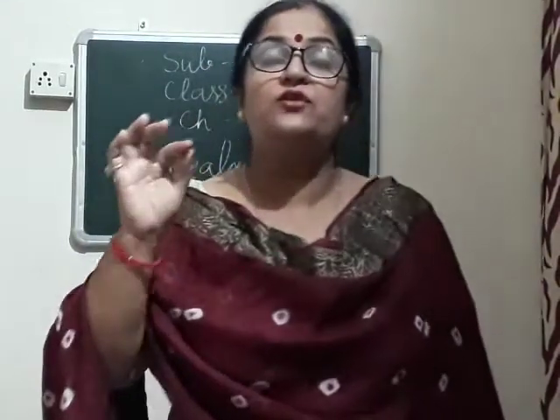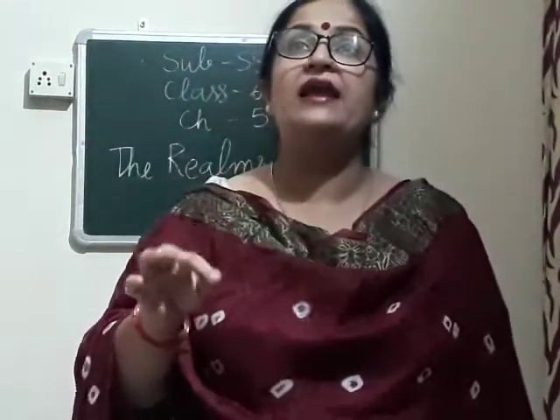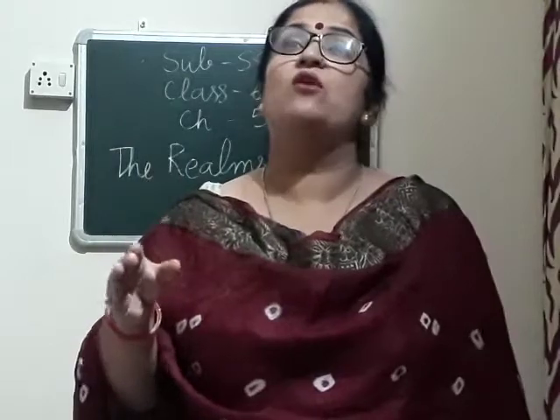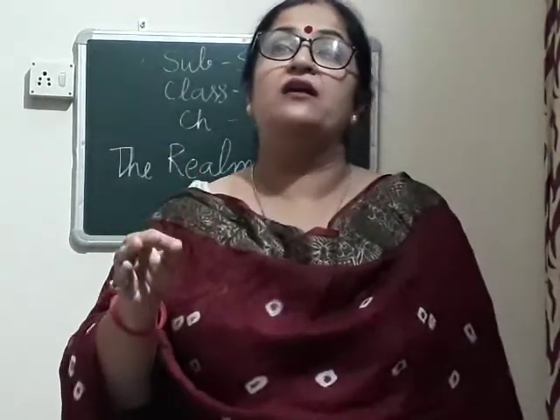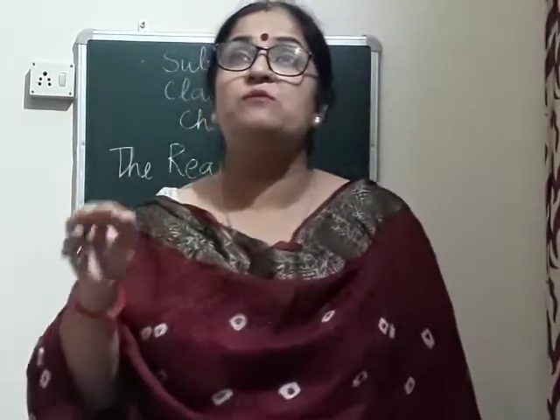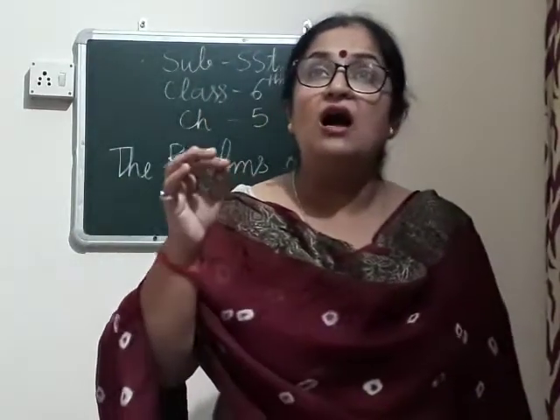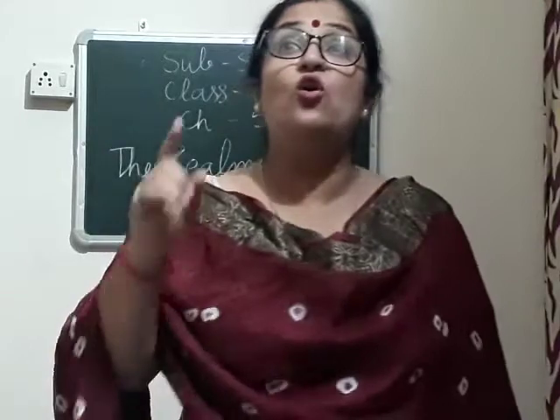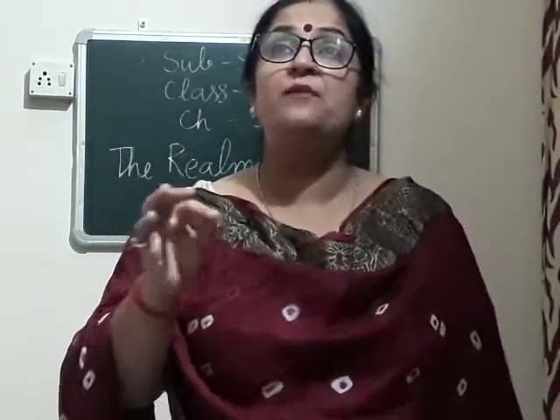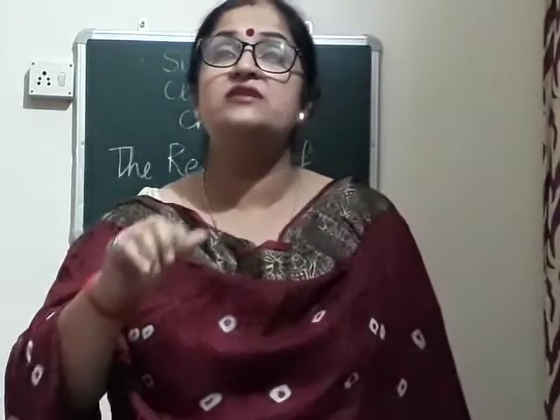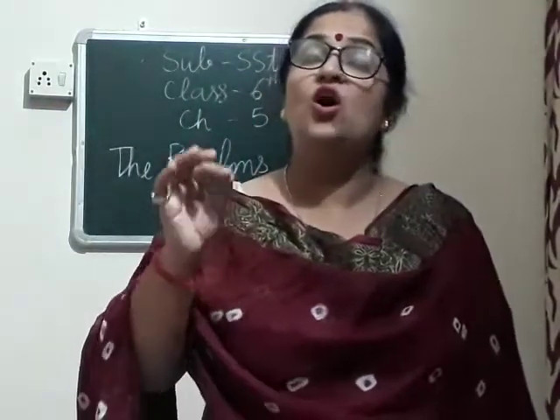Both the Tropic of Cancer and the Tropic of Capricorn also pass through Africa. Africa is bounded on all sides by oceans and seas. In the world map you see, all sides of Africa have oceans and seas.